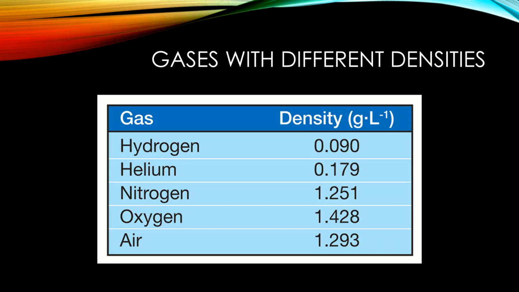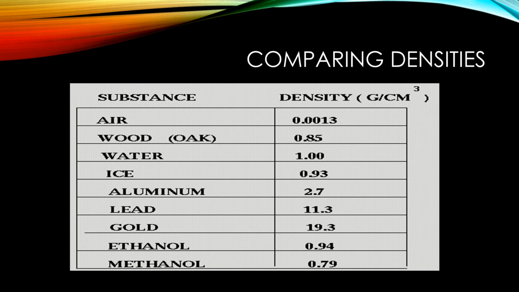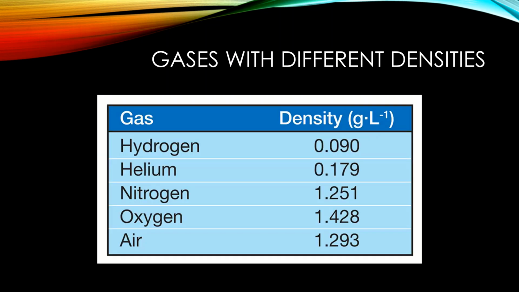Now, nitrogen is way less dense than air, so it will float in air. Air has a density of about 0.001 something. I took this graph from a source, and based on it, nitrogen is less dense than air, so it will also float.